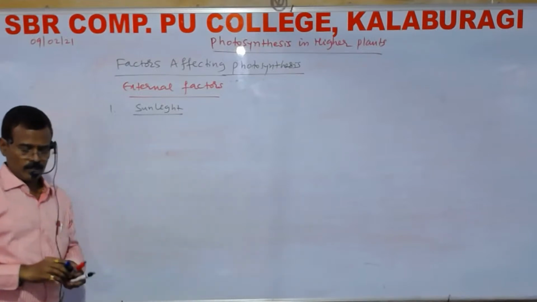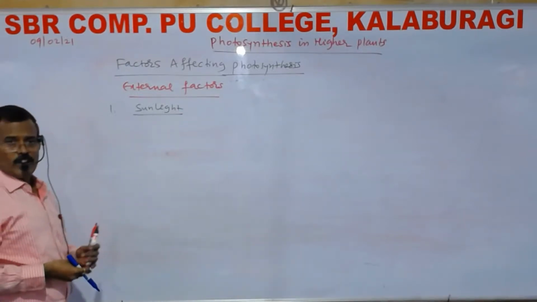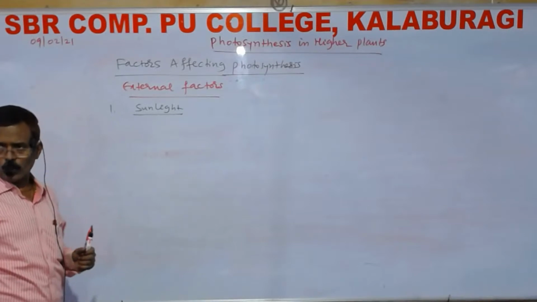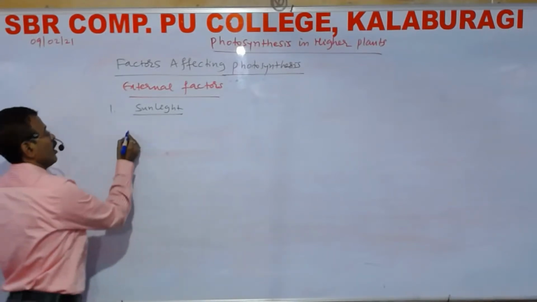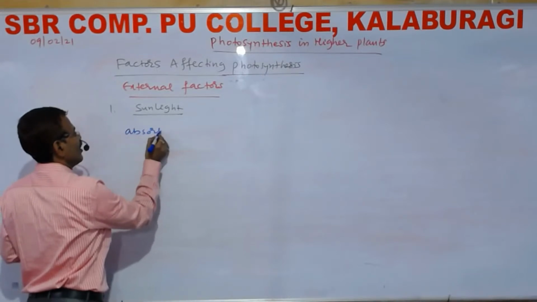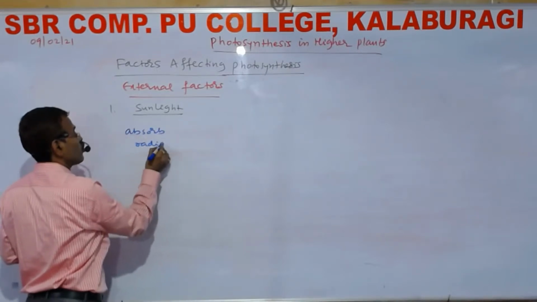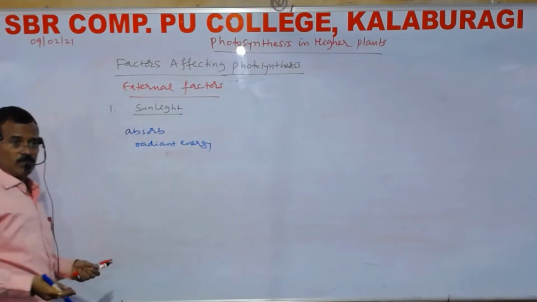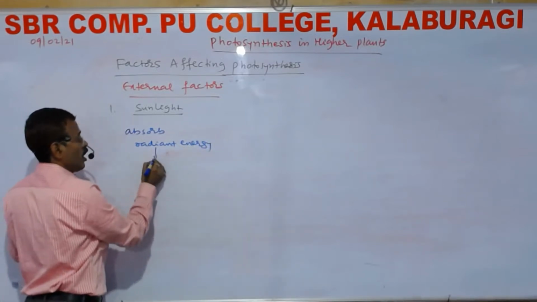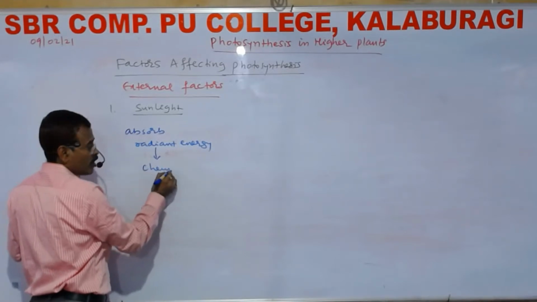Sunlight is a very important external factor for photosynthesis because plants absorb radiant energy. That is the main source of energy. Plants absorb radiant energy and convert that into chemical energy.